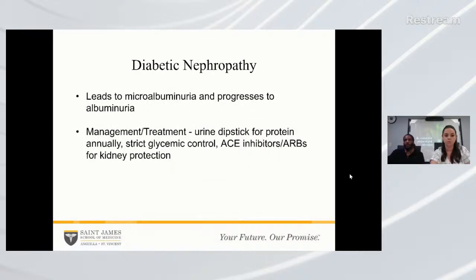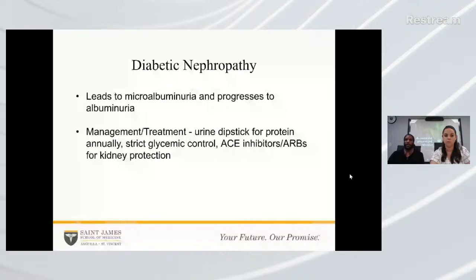As the thickening gets worse and worse, you will have little tiny proteins called microalbumin that will leak into the urine. And as it progresses and gets even worse, you have albumin itself, which is a pretty large protein, that can spill over into the urine.